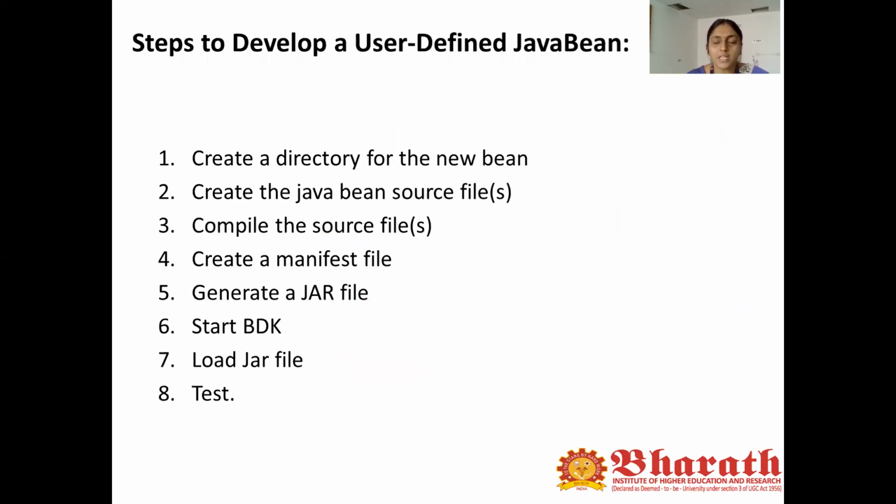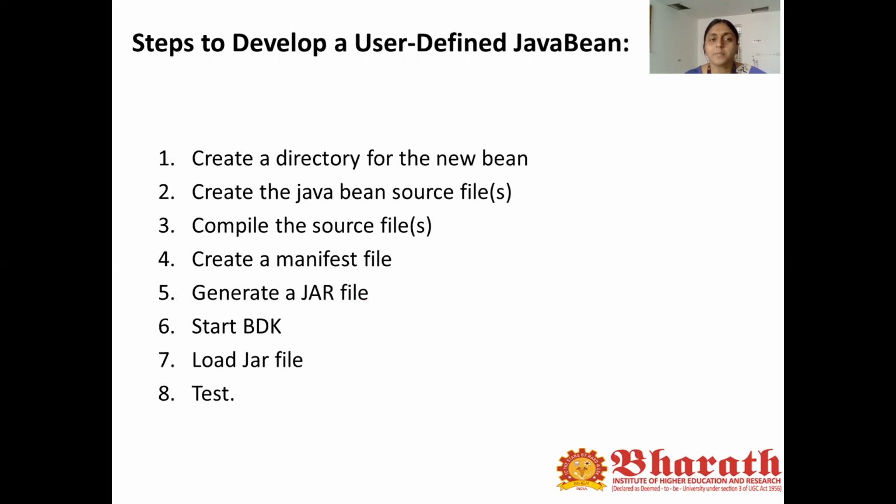And now we will see the steps to develop a user-defined Java bean. The first step is to create a directory for the new bean, or the new software component, we are going to develop. The second step is to create the Java Bean source file.